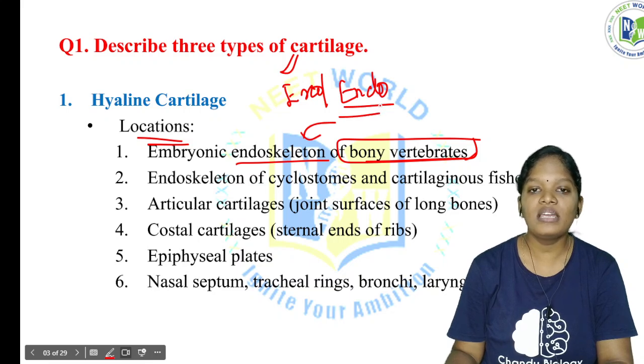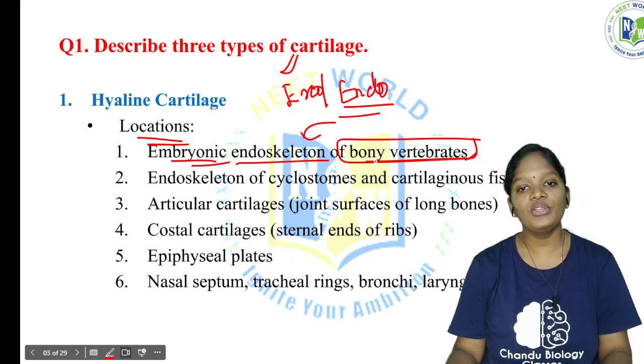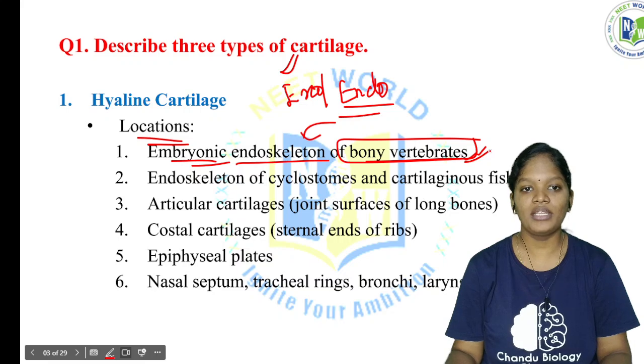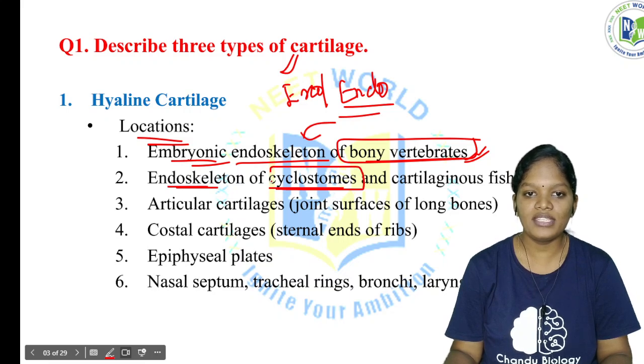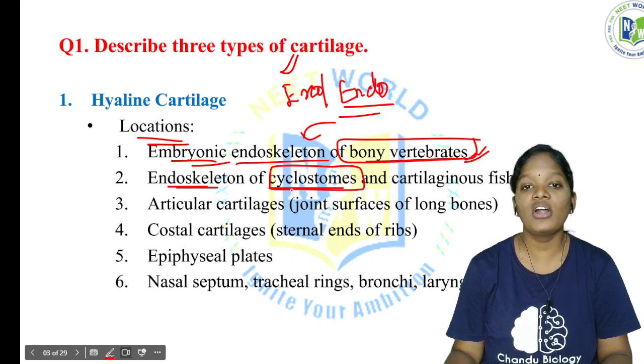Endoskeleton means it is present inside the body and protecting it. So the hyaline cartilage is present in the embryonic endoskeleton of bony vertebrates. Next, the endoskeleton of cyclostomes. Cyclostomes are those organisms which do not have jaws, that is, without jaws.